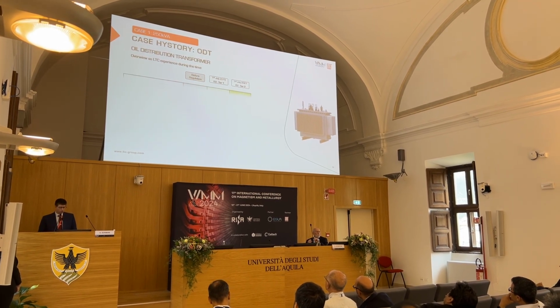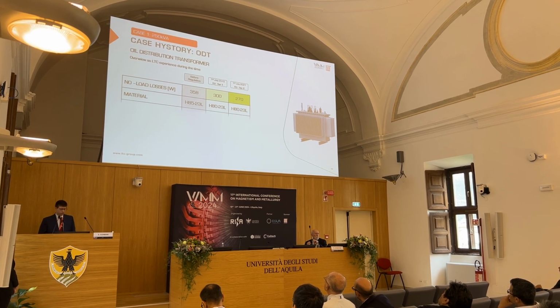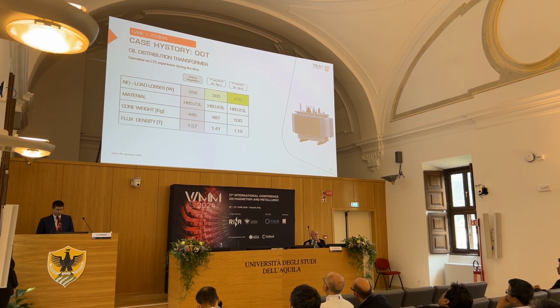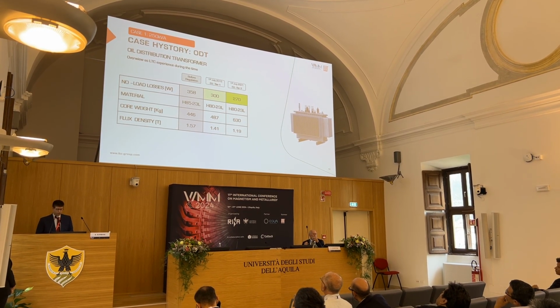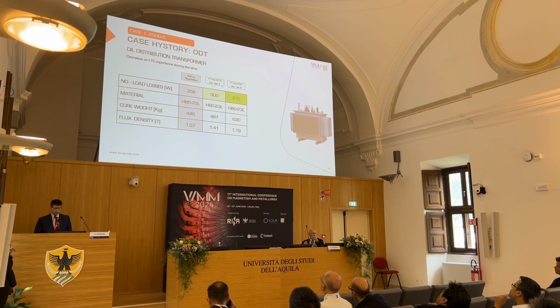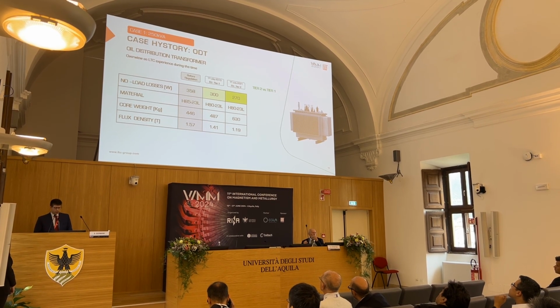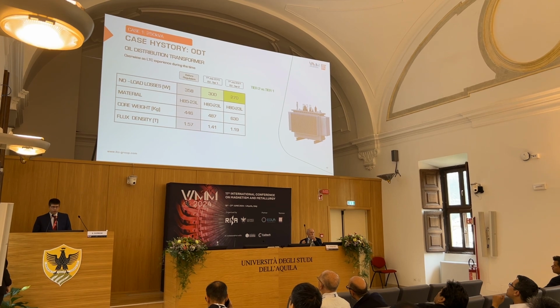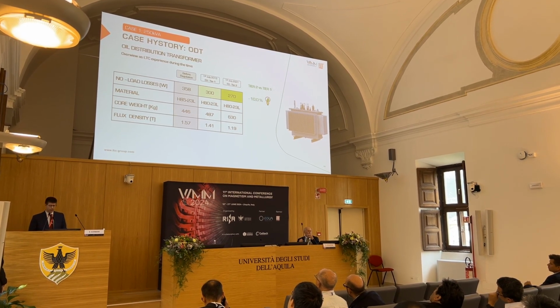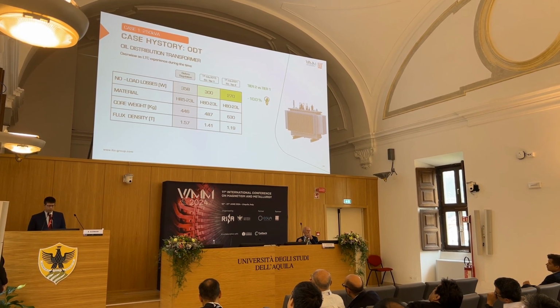So in the ODT design, the losses are the ones explained and regulated by the European Union, and we can see how the losses reduce over time. Focusing on the difference between the Tier 2 and the Tier 1 design, we can see that the losses are reduced by 10%.